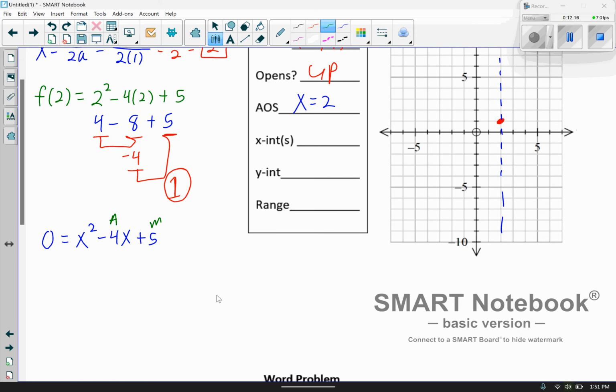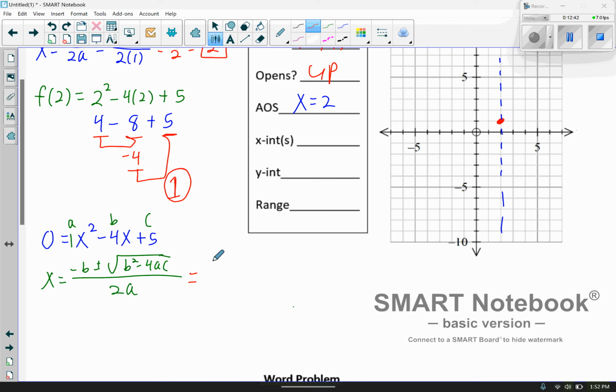Just to review that again real quick, this is A, B, and C. The quadratic formula is negative b plus or minus the square root of b squared minus 4ac, all divided by 2a.